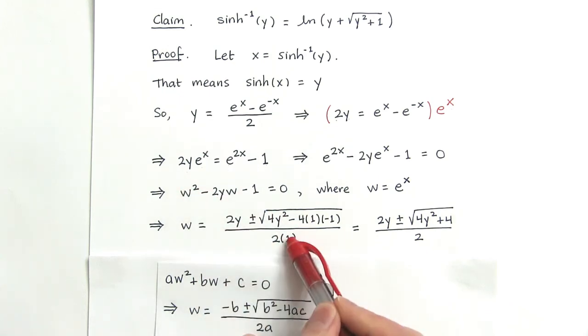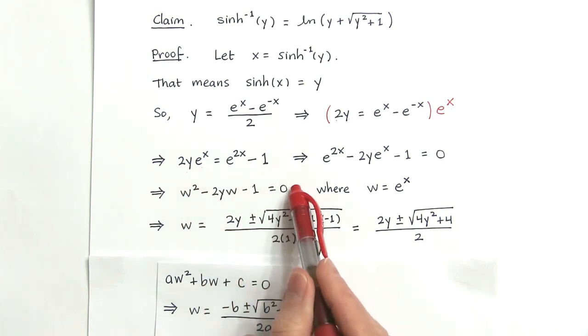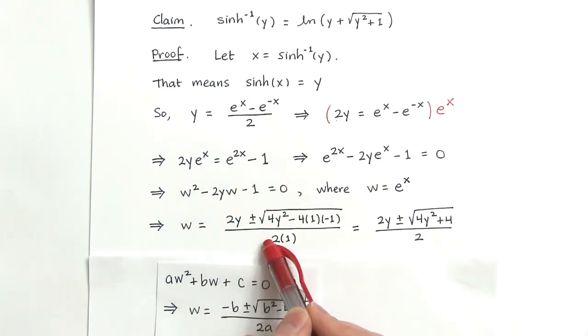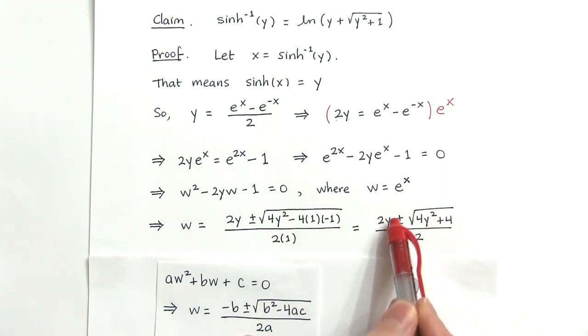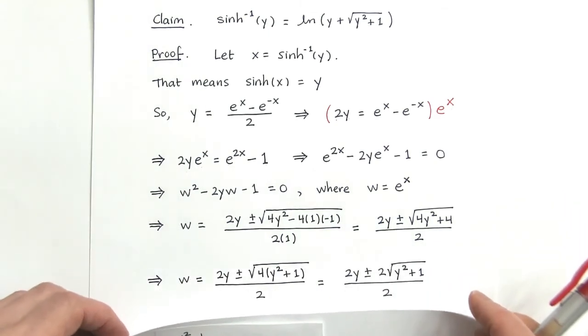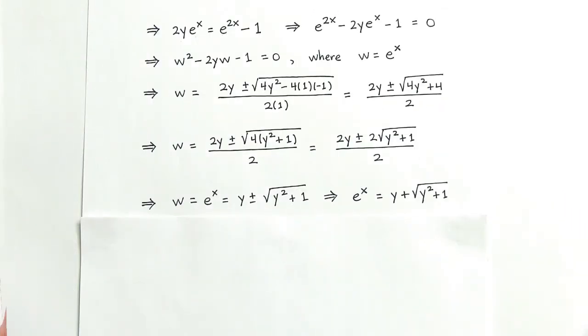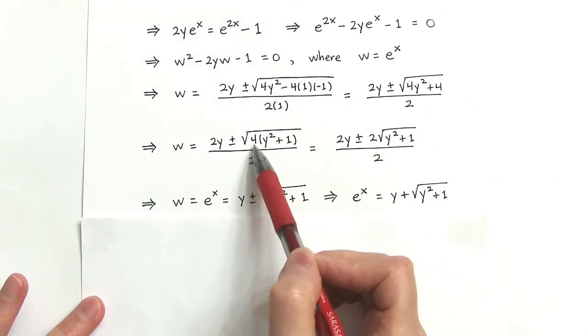So solving for w in this expression, w equals this, and with a little bit of simplifying and a little bit of algebra, this simplifies down as follows.